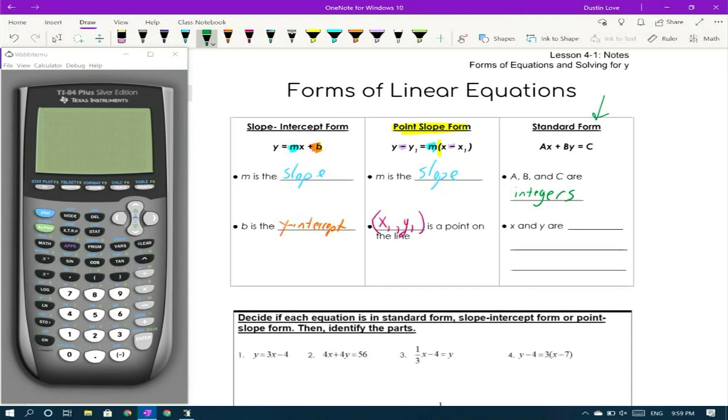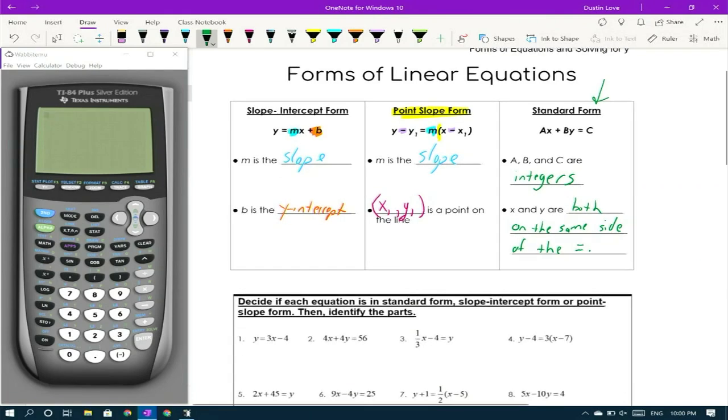Integers are all of your positive and negative whole numbers, so you're not going to get any decimals or fractions with a, b, and c. And x and y, an easy identifying feature on this, are both on the same side of the equal mark. So that's an easy way to see that.